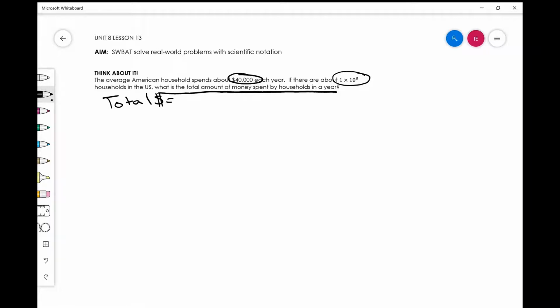We can find that by taking the money spent per household and multiplying that by the number of households. So again, the money spent per household is $40,000, and we know that there's a total of 1 times 10 to the 8th households.